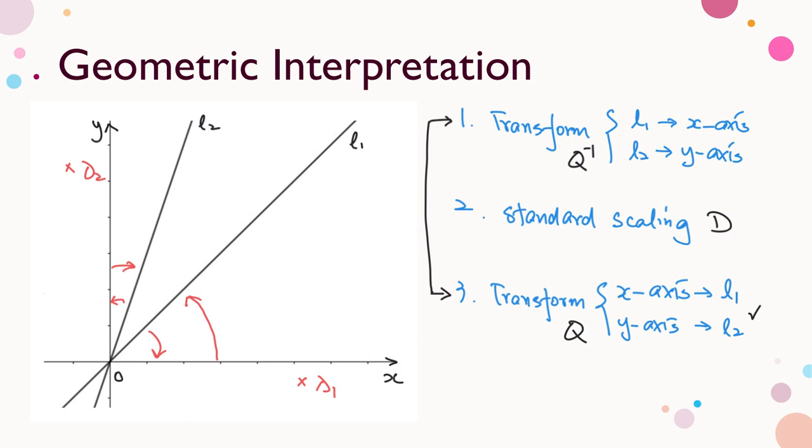In other words, we have P equals QDQ inverse. To find the image of a point under the product, apply Q inverse to the point first. The following diagrams show how the image is found under the product QDQ inverse.